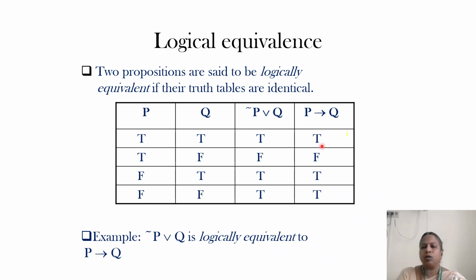In all the other cases, it is true. That's what we have: true, false, true, true. Now we compare the third and fourth columns, the statement negation P or Q and the statement P conditional Q. Both columns have the same truth value in all the rows. That's what we say, that these two statements are logically equivalent.